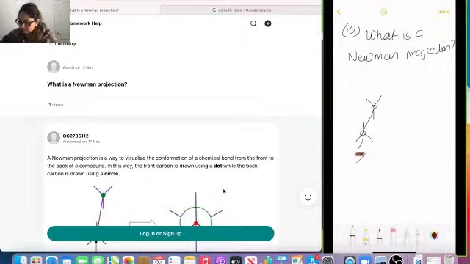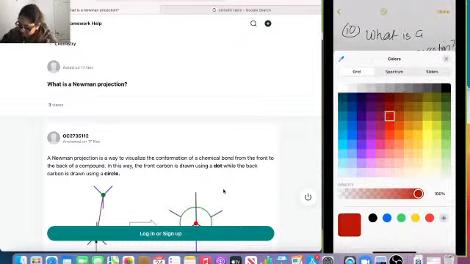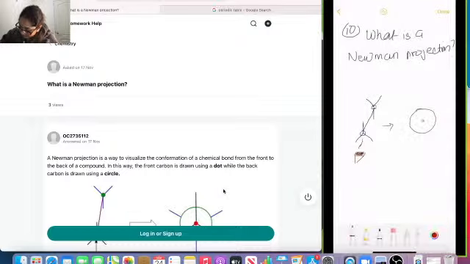You're looking at it from here to the back. To draw a Newman projection, you draw it like this. You have a big circle here which denotes the carbon. This is the back of the carbon, and this red dot represents the back carbon.